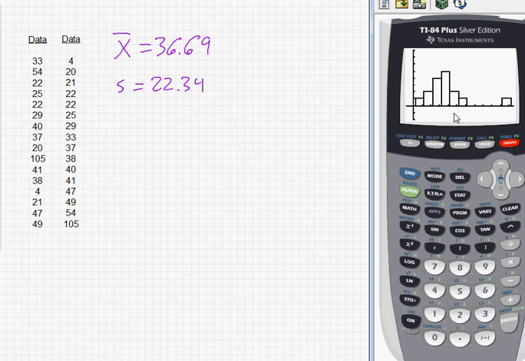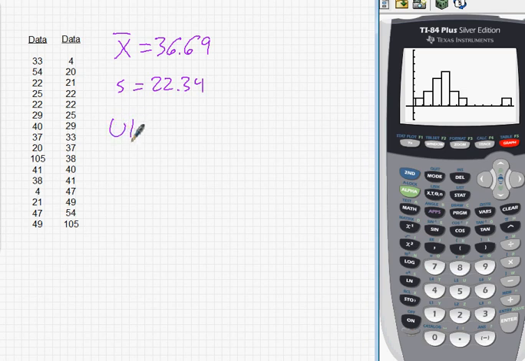So what we can do is figure out the upper and the lower limits. So the upper limit, instead of using quartiles and a quartile range, we're going to go from the mean, and we're going to go 3 standard deviations, or sample standard deviations, away.